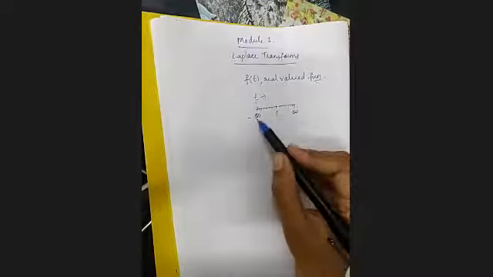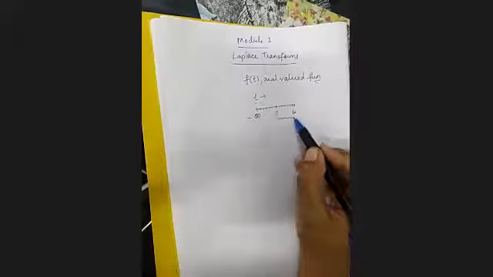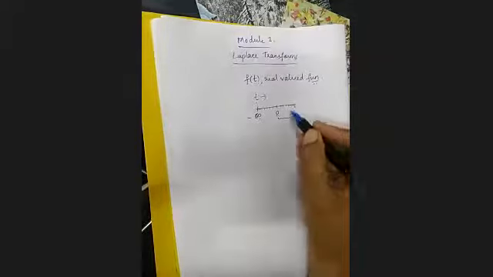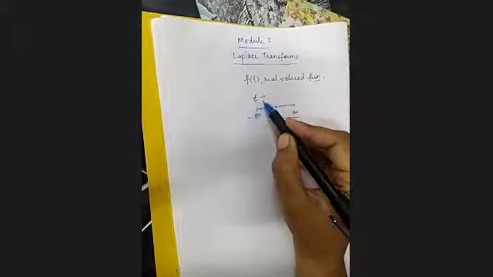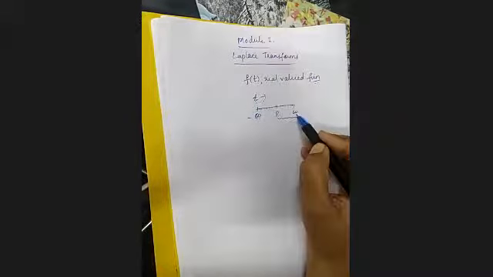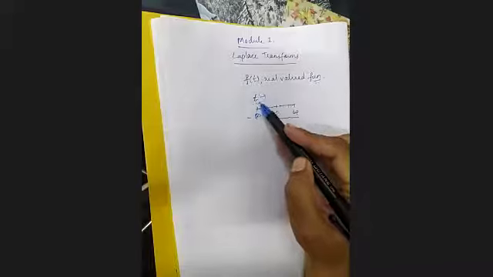Okay, now here we'll not take the whole real line, we'll just take the positive half. That means here our real variable t is varying from 0 to infinity. Then we'll take a function f on such a variable t.